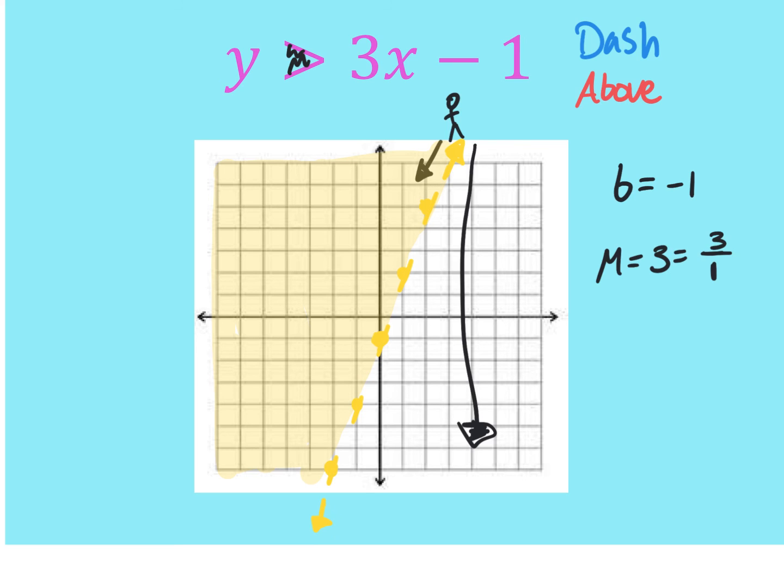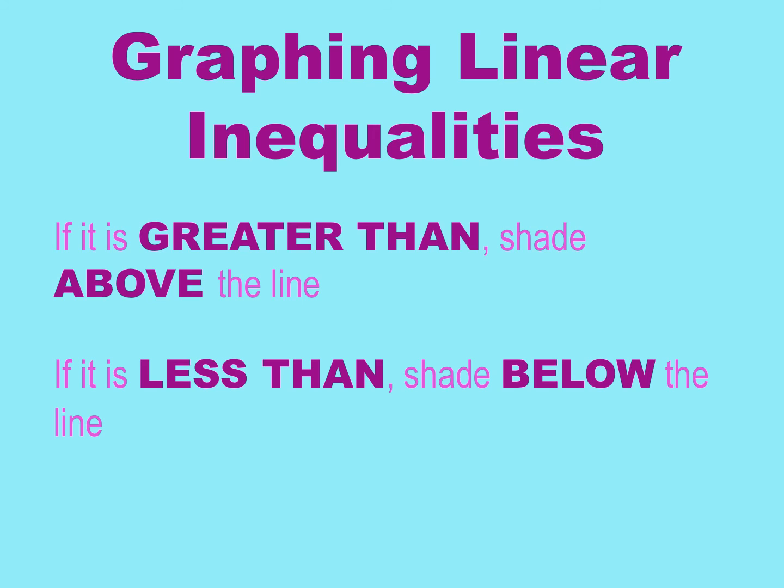I'm going to go to the next slide. This next slide simply talks about the shading part. If it is greater than, shade above. If it is less than, shade below. So I'm going to put a little star. If it faces the Y value, you shade above.